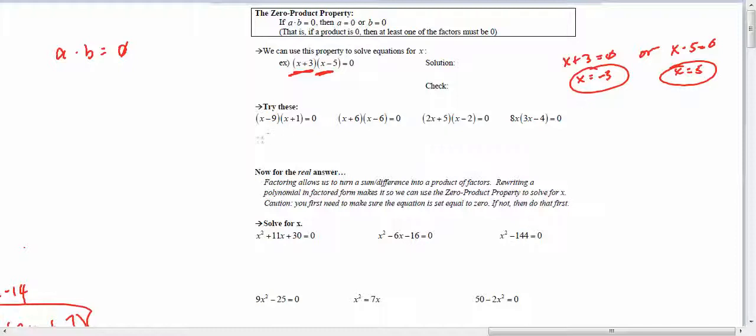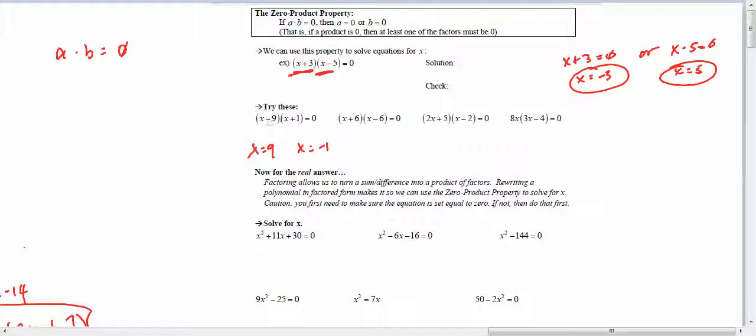There's kind of a shortcut to doing these. What are the solutions to this? X equals 9 and x equals negative 1.